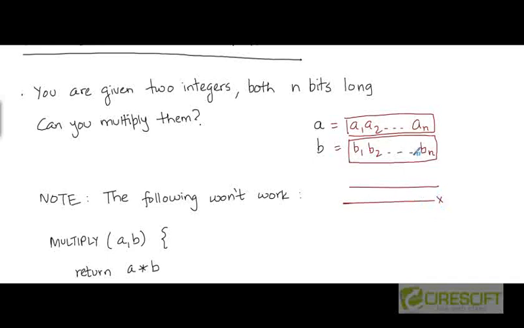Then we take the third last bit of b and multiply it with all the bits of a. Again, write down the result shifted to the left by two positions. And so on. We continue this until we have multiplied b1 with all of these n bits.